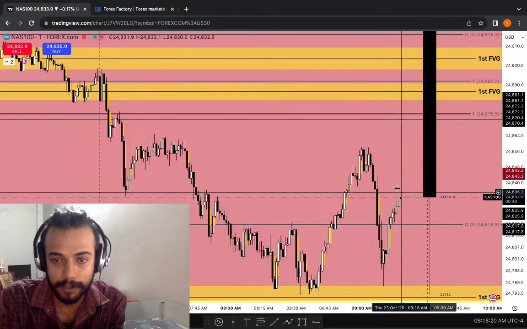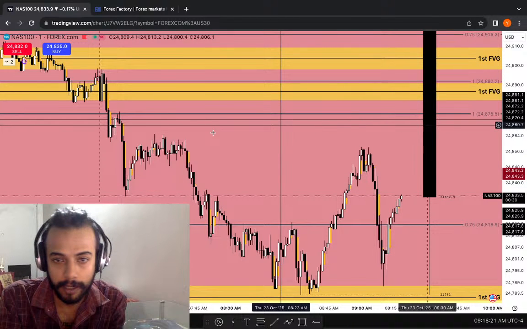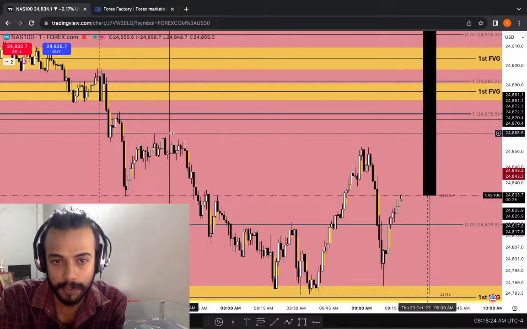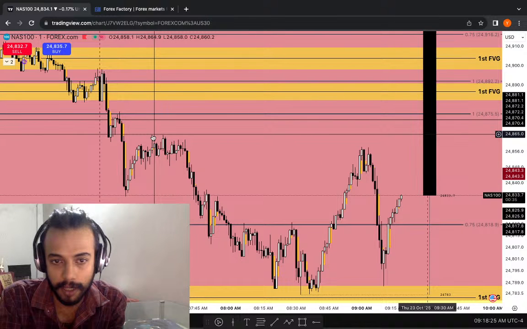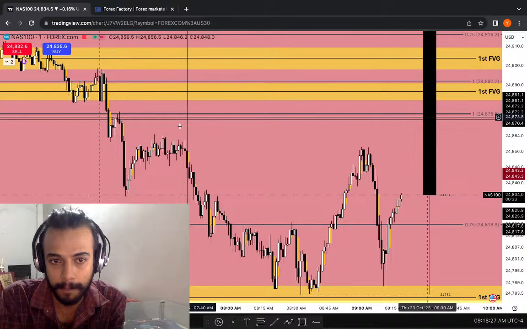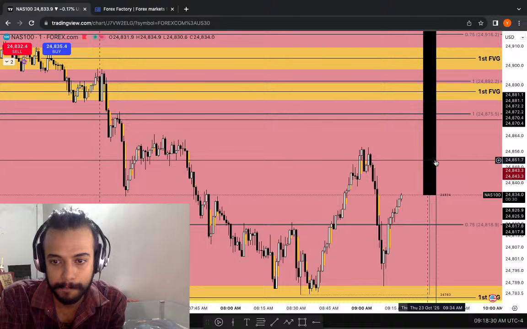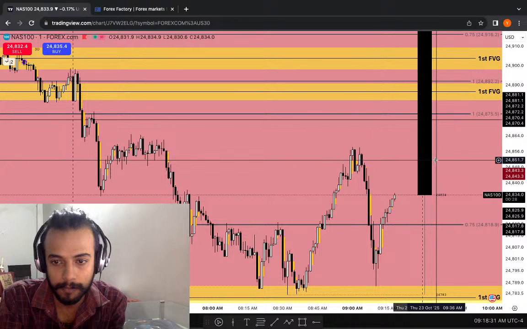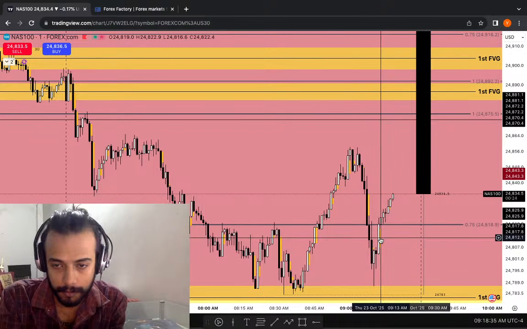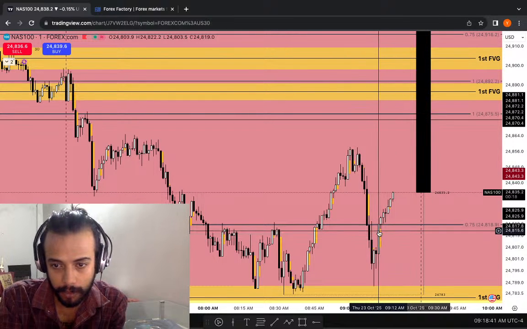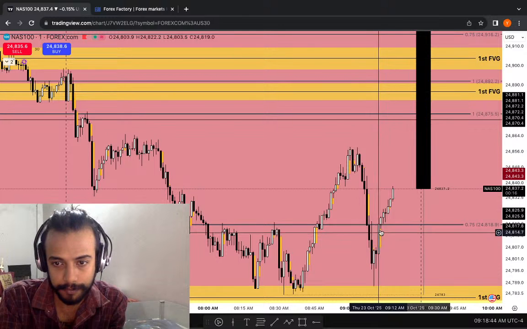Look at that, price is moving higher, trying to take out these buy stops which are resting above these highs and this high. And this should act as the breakaway gap. Price should not come down to touch it, okay, in this move up.